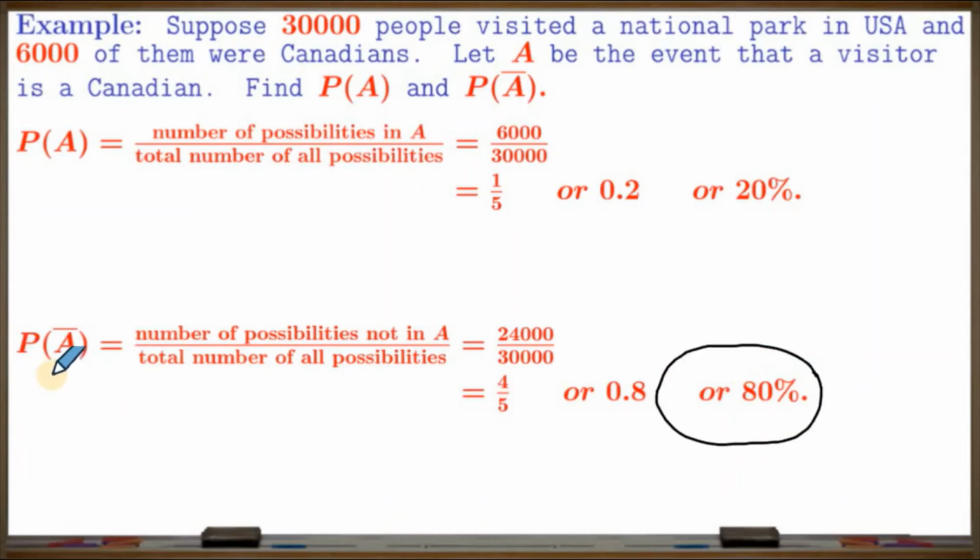The other way of finding probability of A complement is we know the relationship between probability of A and probability of A complement is this: probability of A plus probability of A complement equals 1. From here, we know probability of A is 0.2.